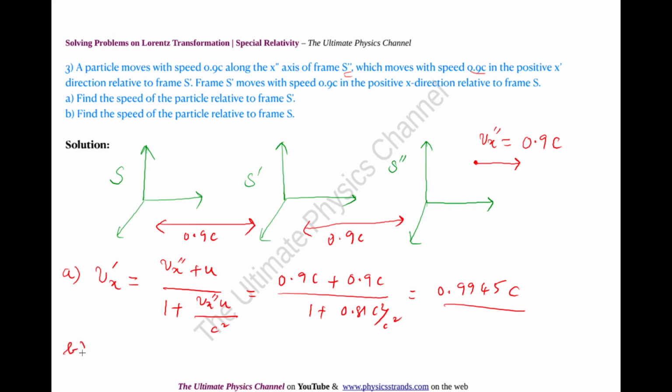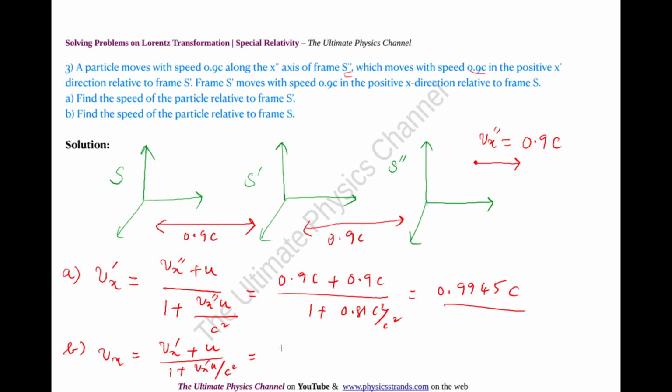The next part is, again, we need Vx now, right? Because the velocity with respect to S frame, so it is Vx, and that is from S prime we need. So we have Vx prime. That is also another inverse transformation only we are doing here. Vx equals Vx prime plus u over 1 plus Vx prime u over c squared.